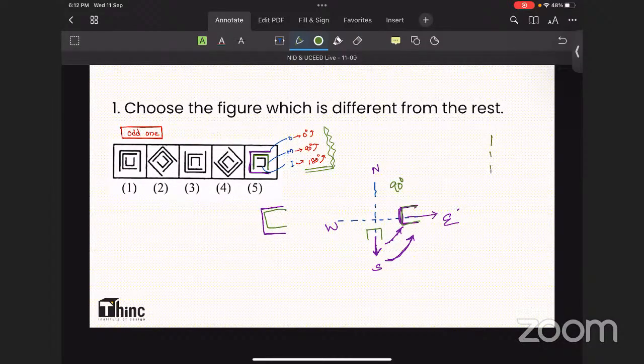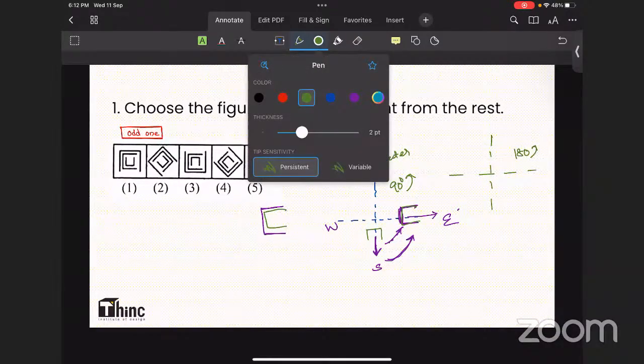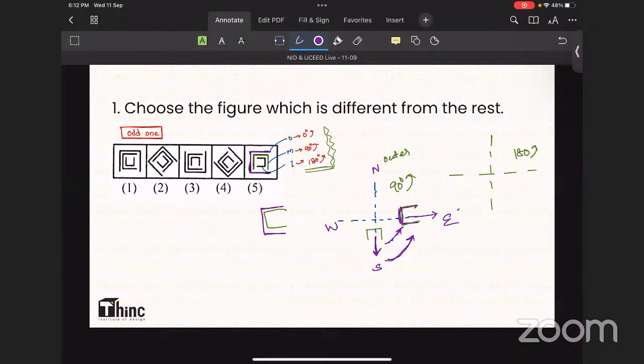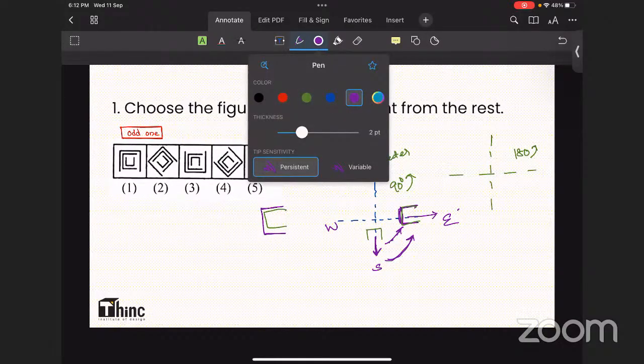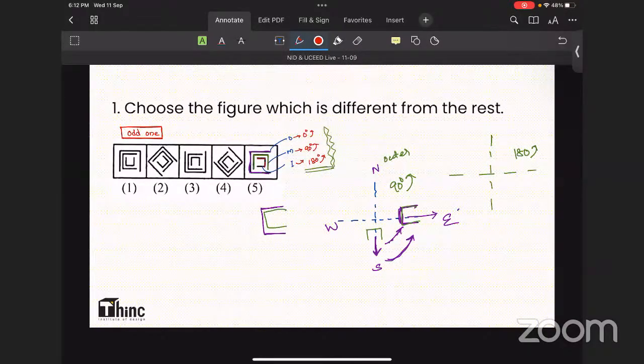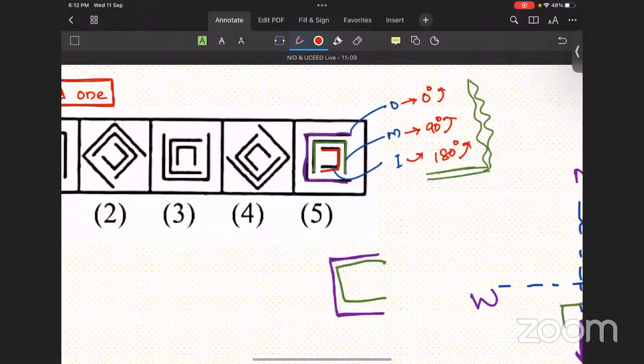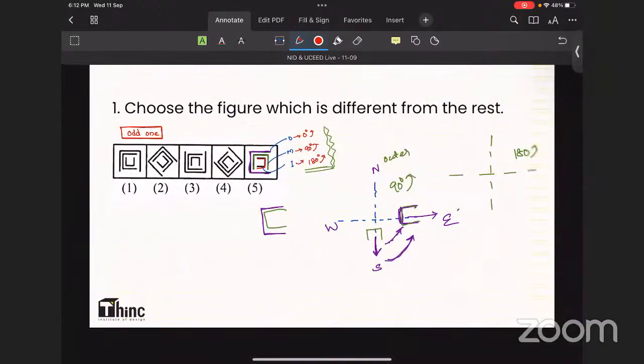Now we are looking for the inner element. This is outer, 90 degree anti-clockwise, inner 180 degree. I mentioned the same earlier: 180 degree rotation will definitely create a flip there. Now you can see here, I just highlighted, and now it is looking towards west direction.